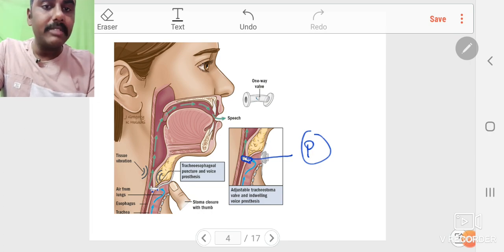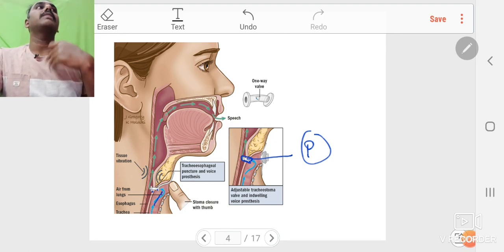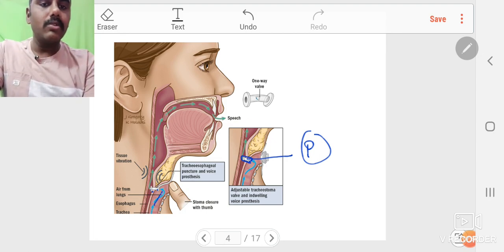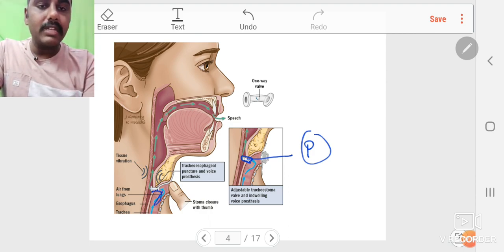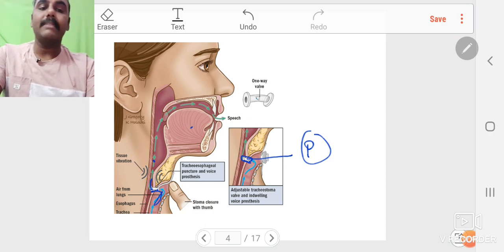That produces a vibration of sound: the breath goes, because of closure of the tracheostomy, through the tracheoesophageal prosthesis into the oral cavity and oropharynx, and it is articulated with the tongue, lips and cheek, as I said previously.